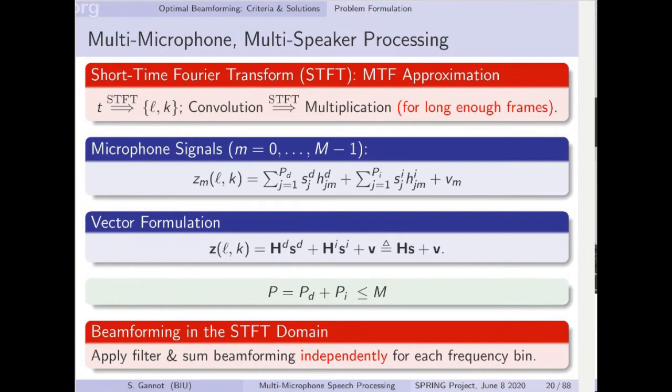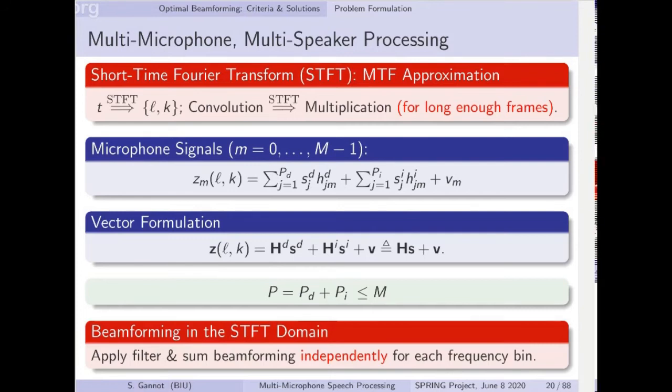In order to do the processing, we need the number of desired sources plus the number of interference sources to be smaller than the number of microphones. Of course, we know that in a regular environment, especially in the environment that we'll have in the project, we might have many more speakers, but here I depict only the speakers that are active and interesting. All the other ambient noise, diffuse noise, or babble noise that we will hear will go to v_M as non-coherent sources, which we will treat a bit separately and will not direct the beam towards them.